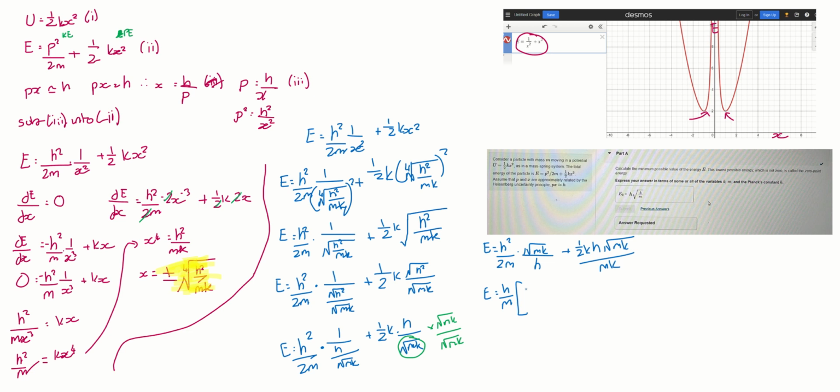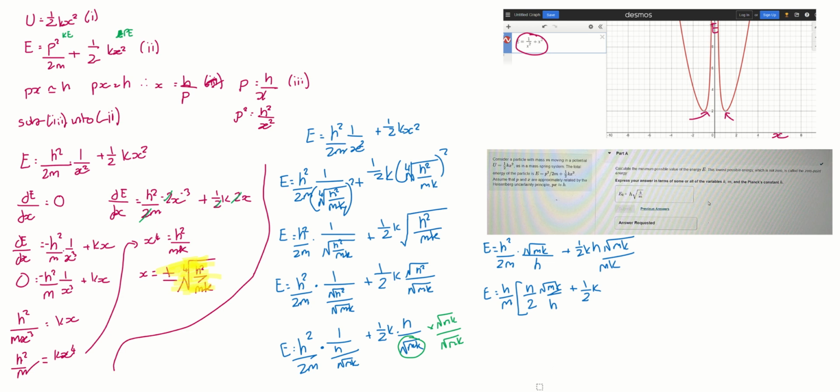So we're left with h over 2 root mk over h plus a half, what are we taking outside? A half k. I've got to be careful here because I made that a little bit too long, because when I rationalize the third, it's just root mk over mk plus a half k.